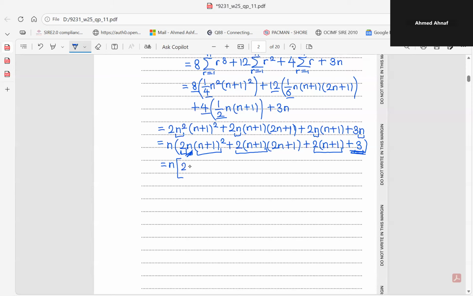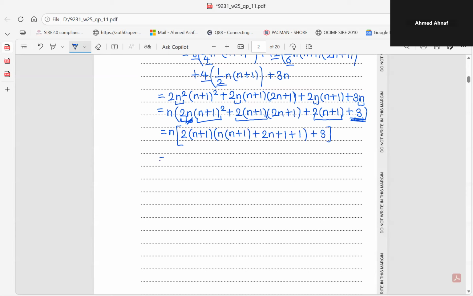Factorize out 2 and n plus 1. So that one is going to be n times n plus 1, times 2n plus 1, plus 1. And plus 3.